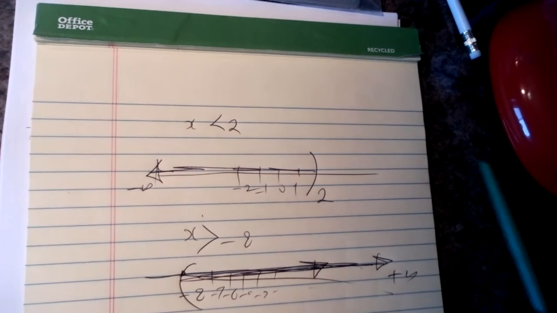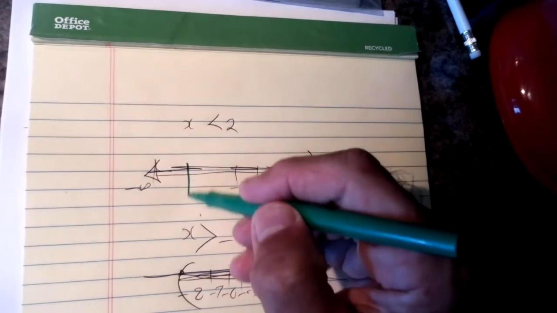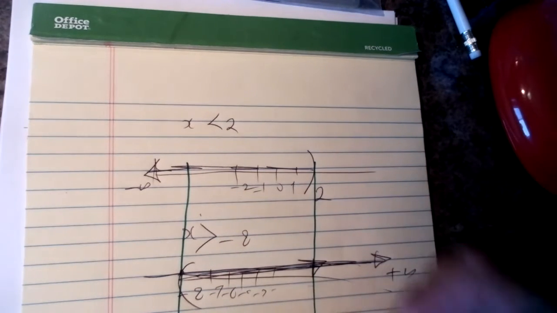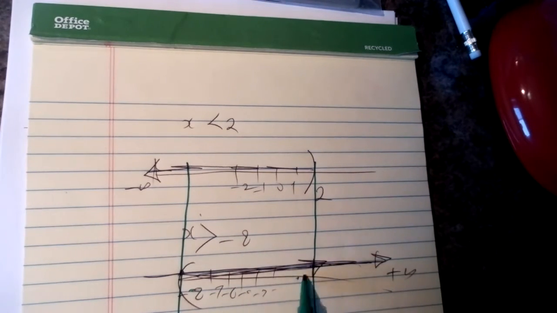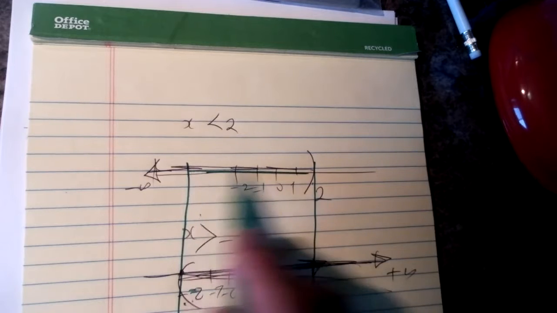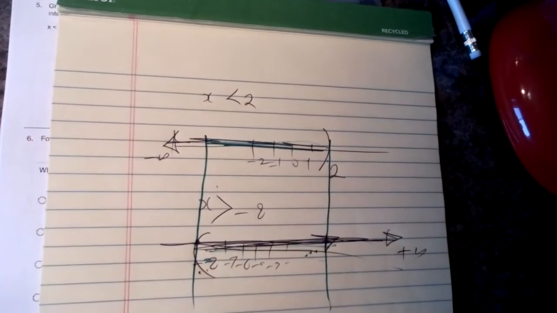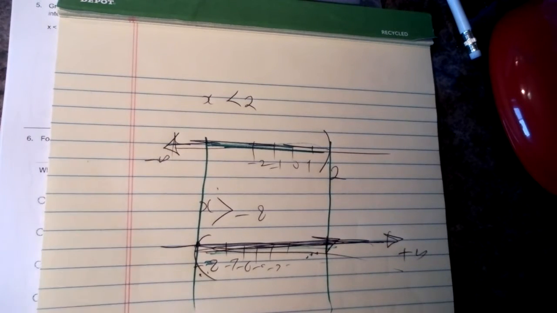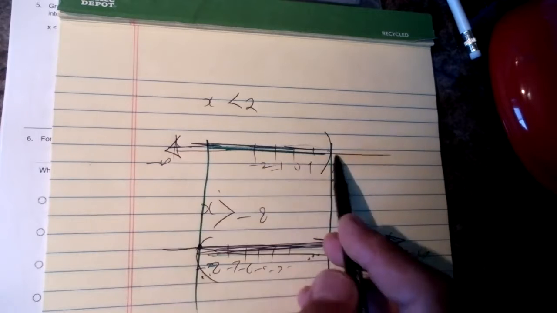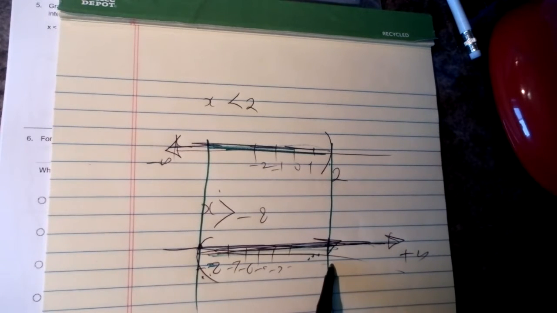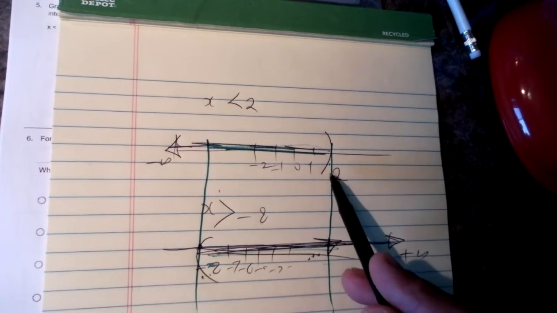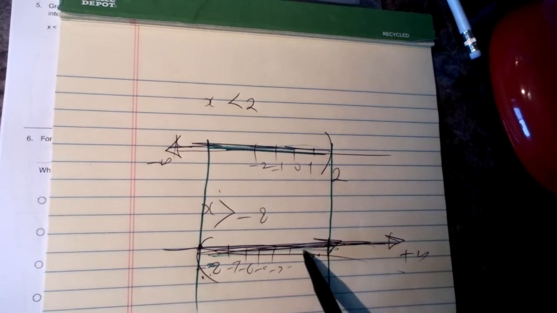When you intersect, you overlap these two to see what piece they both share. Do they both share numbers between -8 and 2? See, this is the area that both share, the segment that is common between these two. X less than 2 is all the numbers less than 2, and this is all numbers greater than -8. This one has 1, this one has 1 too.